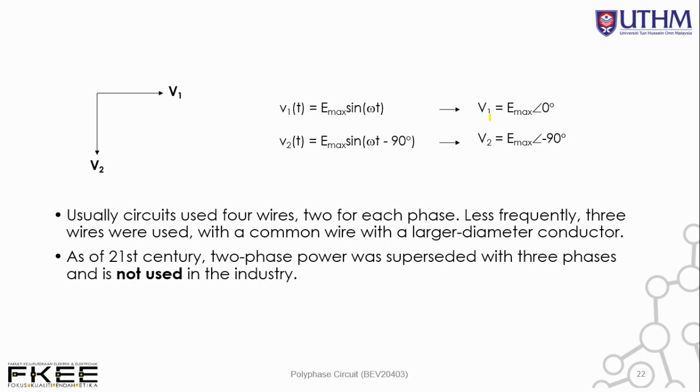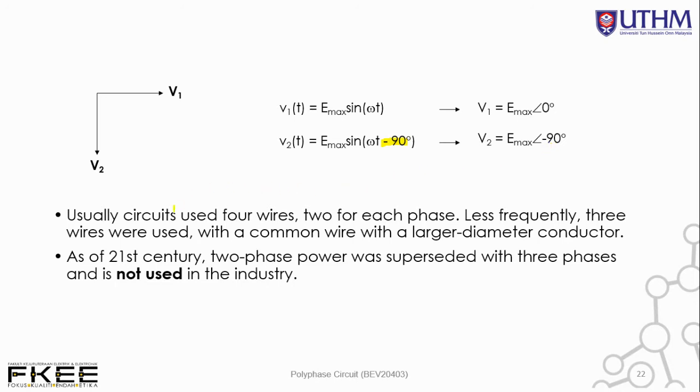We can simply say that V1 is equal to E max at 0 degrees. Then the second voltage is E max sine omega t minus 90 degrees because it comes later, or it lags behind. So we assign it as minus 90 degrees, or we can simply write that the second voltage V2 from phase B is equal to E max at negative 90 degrees.